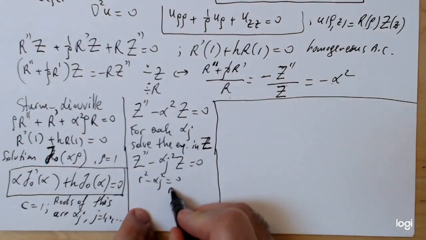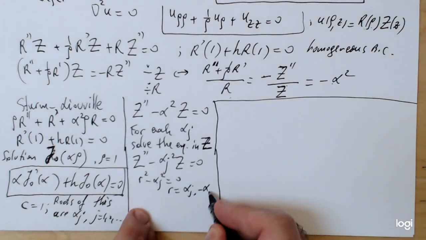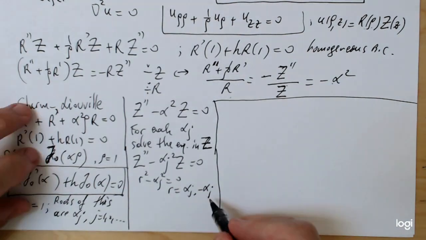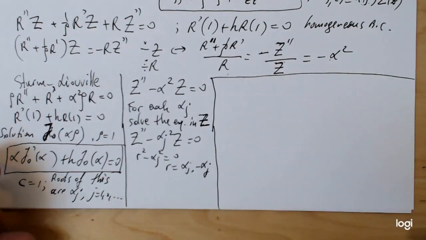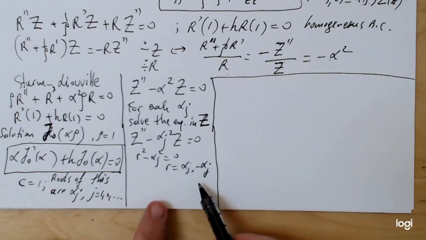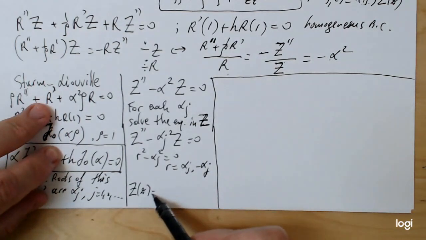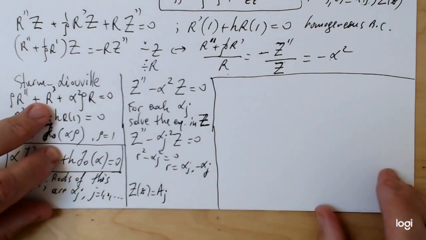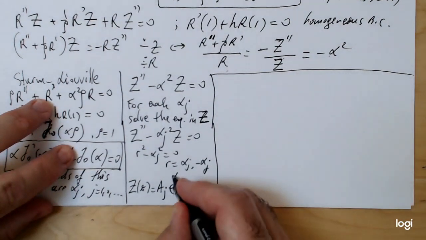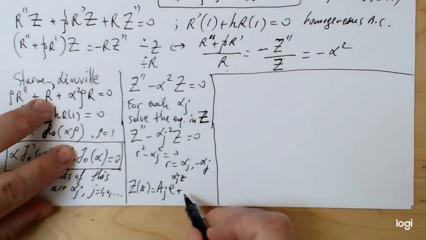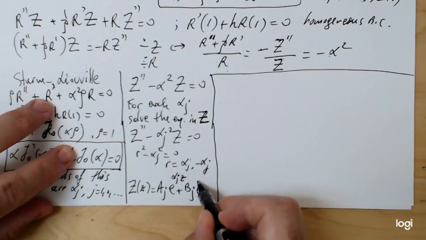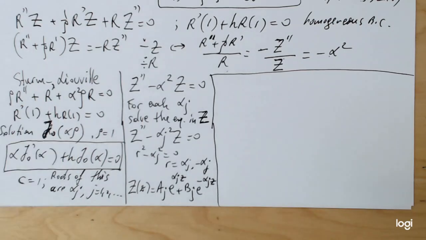So you have two distinct roots, alpha j and minus alpha j, and the solution is a linear combination of exponentials in z. So big Z of little z will be some constant a j e to the alpha j z plus some constant b j e to the minus alpha j z, just a combination of exponentials because you have distinct real roots.